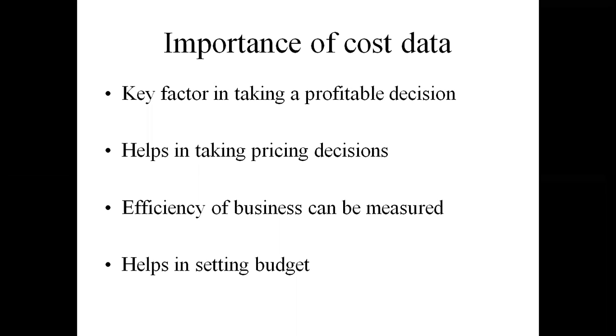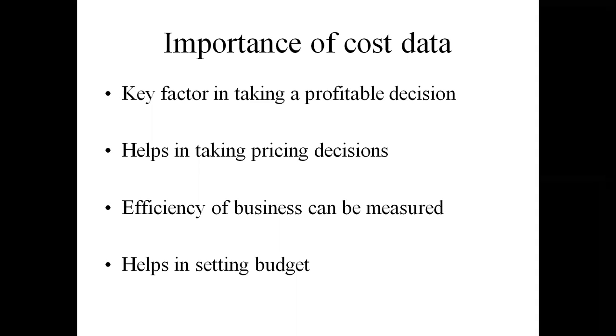This is a constraint given to the business, so that the business will be using its resources in the best possible way. You cannot actually set a budget without looking at the cost data. You can't just say, okay, this is your budget, and the business has to maintain its expenditure within that budget. Now, this is not possible.